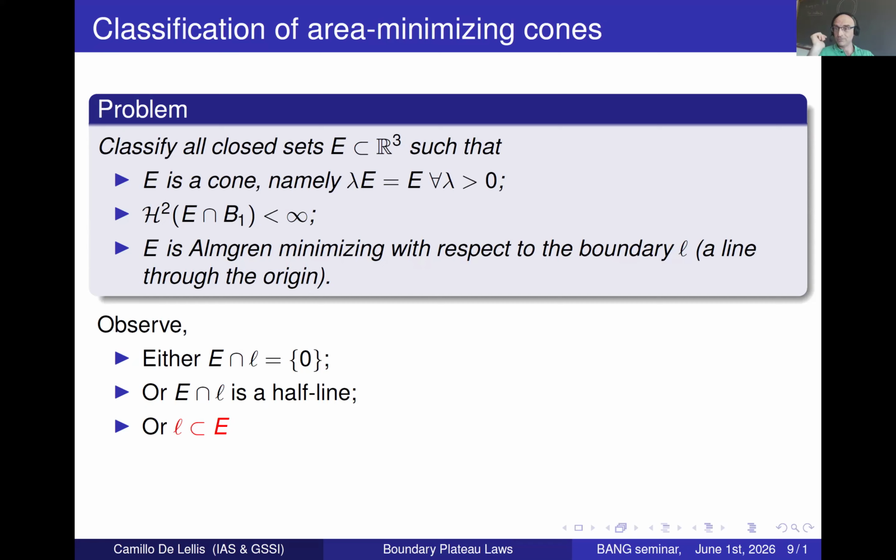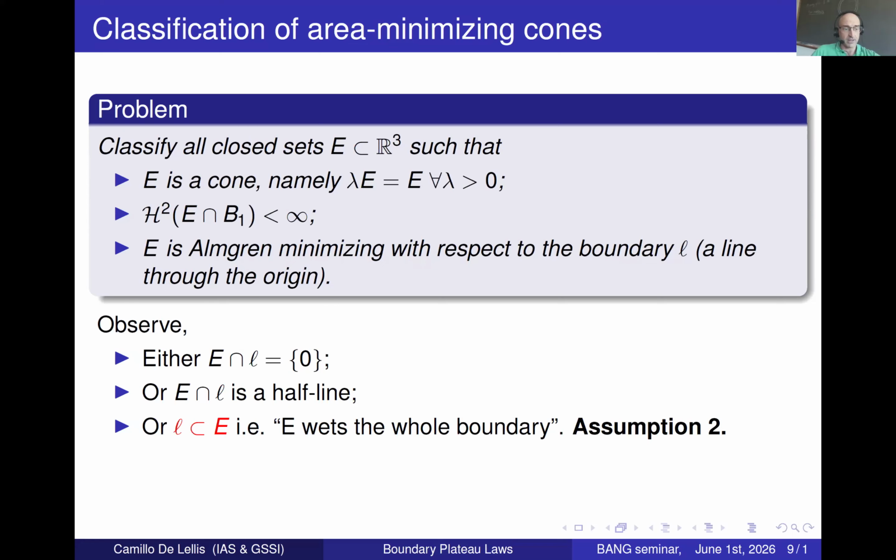Maybe it goes through, maybe it only wets a half of it. But anyway, the most interesting one is the one that is highlighted in red, and I'm going to make this assumption. This assumption is to say that your film wets the whole boundary, and it's an assumption which is stable under the rescaling of Allard's theorem. So if you started with a film which was wetting the whole boundary, you zoom in and you have a tangent cone which is wetting the whole boundary.